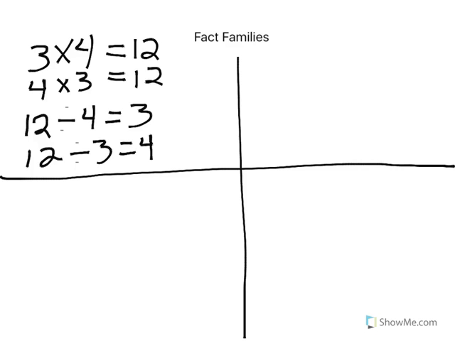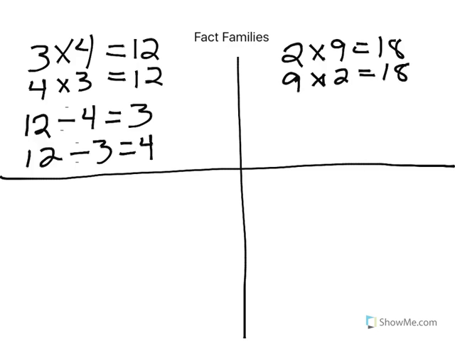So now we're going to try another one. If I say that 2 times 9 equals 18, I'm saying that 2 groups of 9 is equal to 18. Just like 9 groups of 2 is also equal to 18. If I take those 18 total and divide it into 9 groups, I will have 2 in each group.